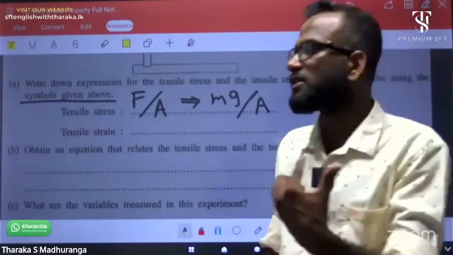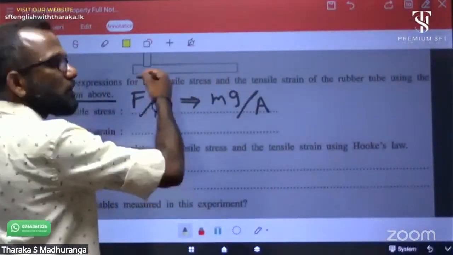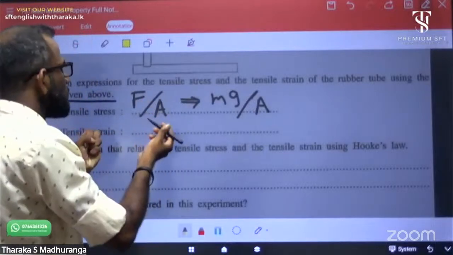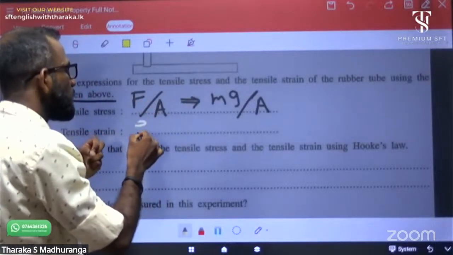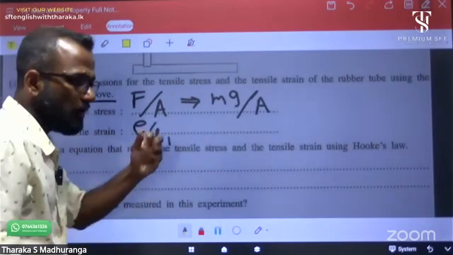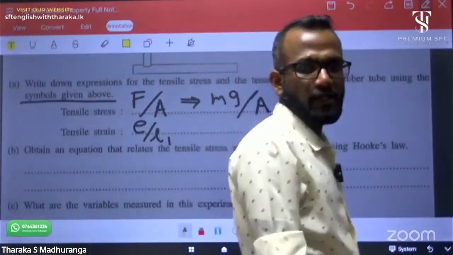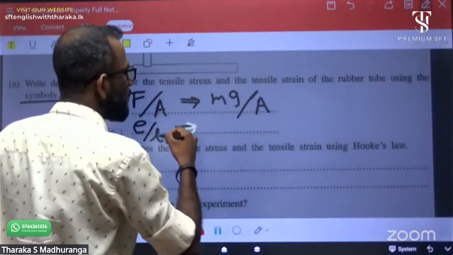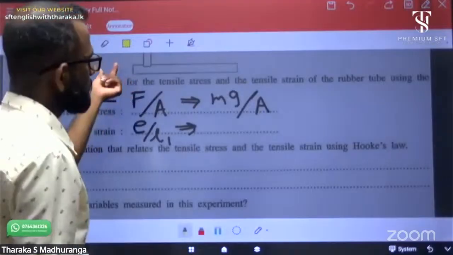Okay, tensile strain. What's the basic equation? This basic equation is not compulsory, I am writing it for your reference. The basic equation for strain is e over L1, extension over initial length. What is the extension?